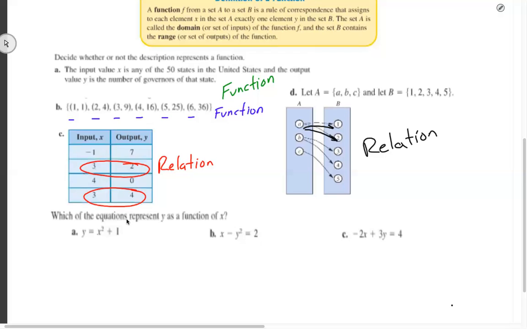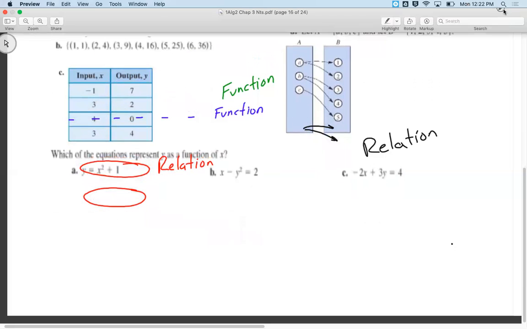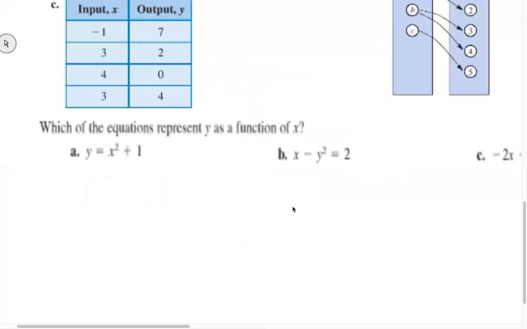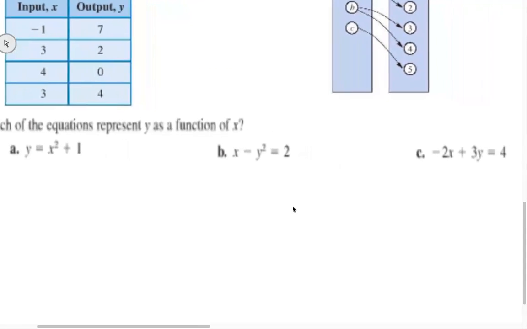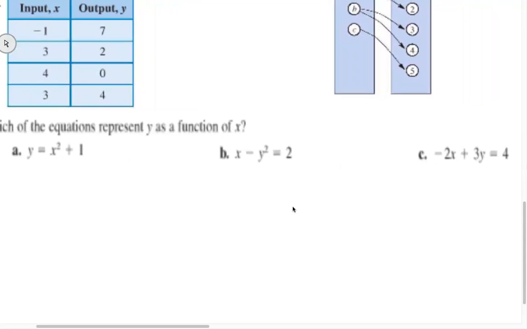So there we go. Now let's look at the bottom, and let's talk about these. Which of the equations represents y as a function of x? Any ideas? Here's what I need you guys to do. C?